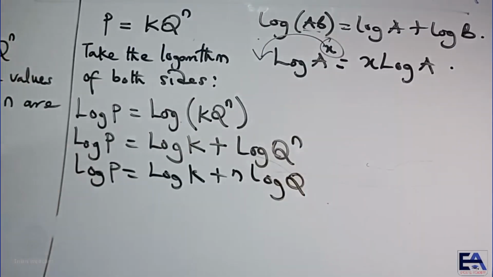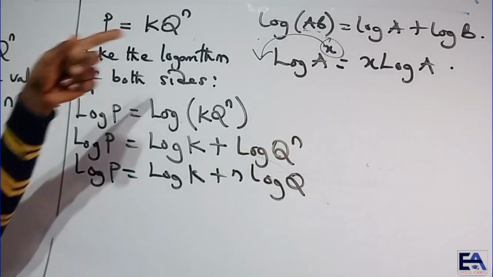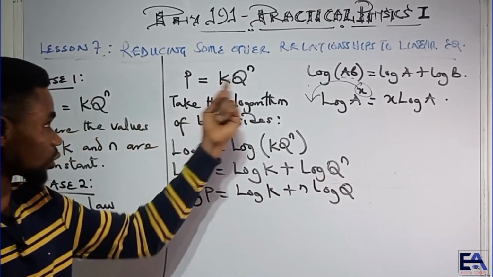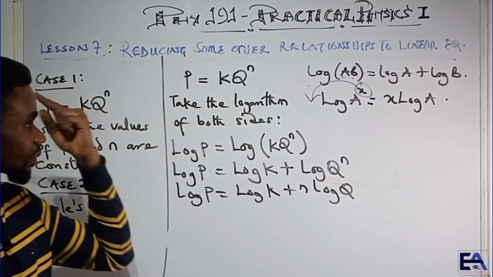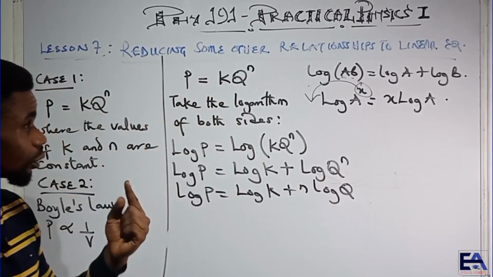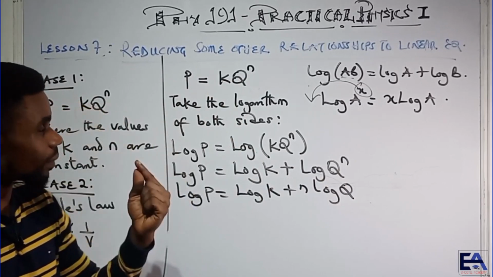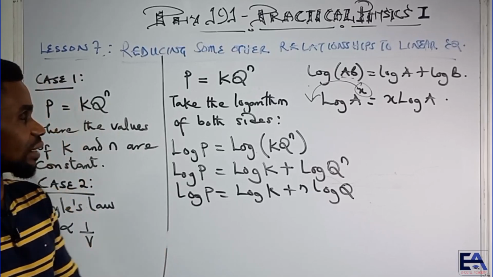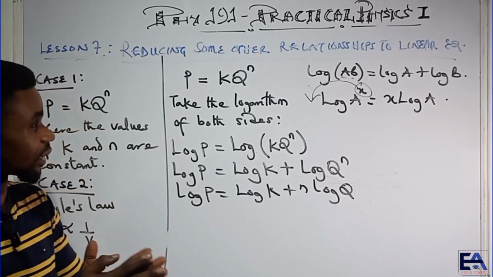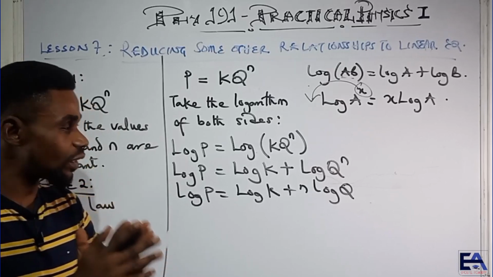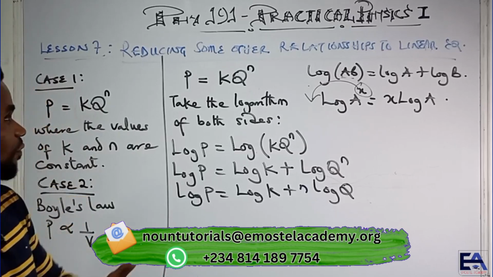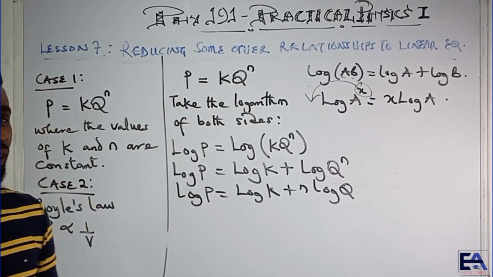So successfully, we have been able to get rid of that n, which is the power that disqualifies this equation from being a linear equation. I told you in video 2 that the moment the independent variable carries a power, the graph is not going to be a straight line if you plot the dependent variable against the independent variable.